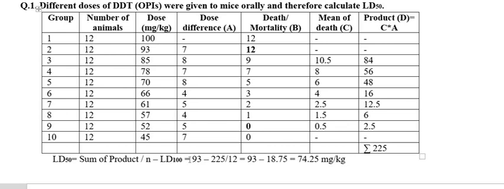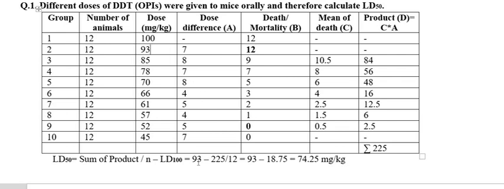So here the LD100 is this one, LD100, where the mortality is 100%. The total number of animals is 12, so all the animals die here. So here the mortality is 100%. So LD100 is equal to 93.